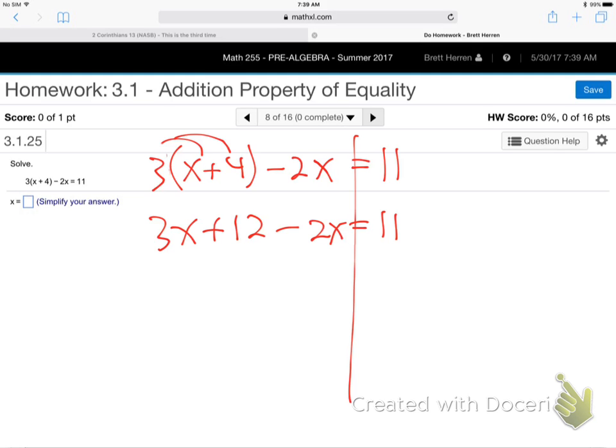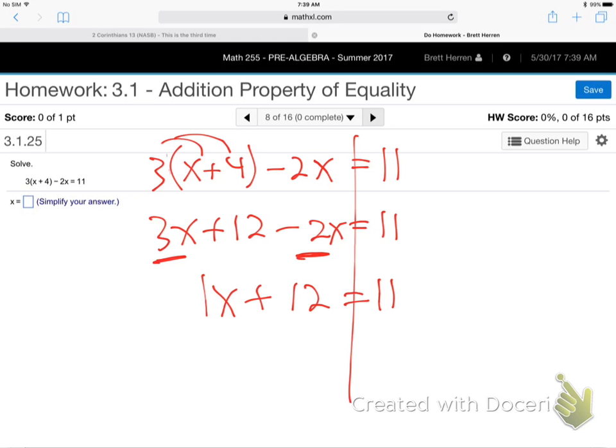So that 3 just multiplied. And now the two x's that are on the same side of the wall, they're going to subtract. So subtract those two. 3x minus 2x is 1x or just x. You're totally right. You can just write x.